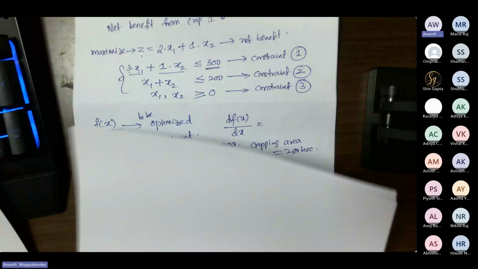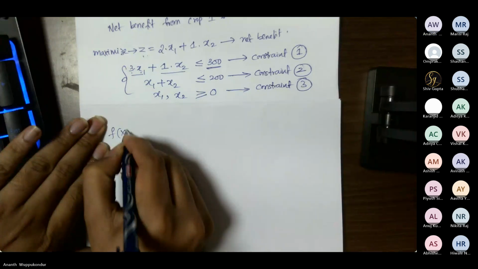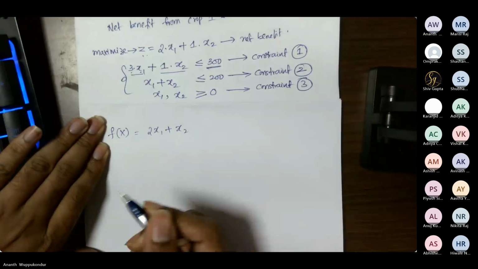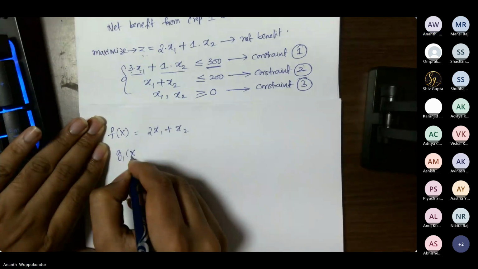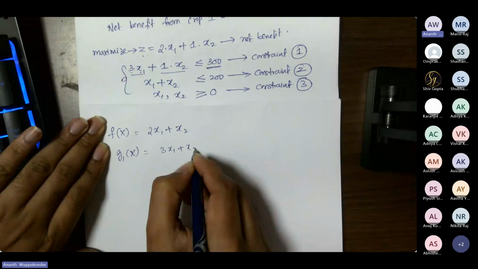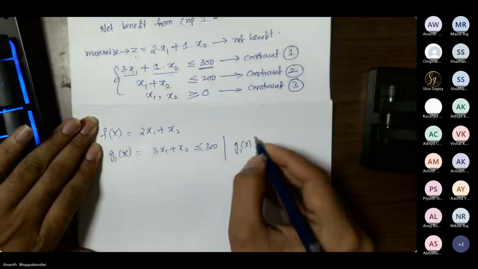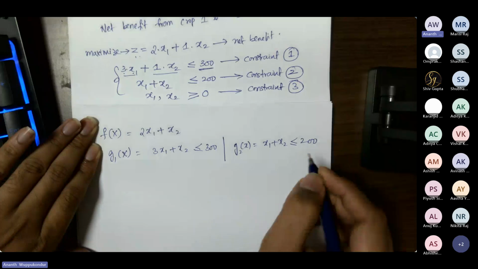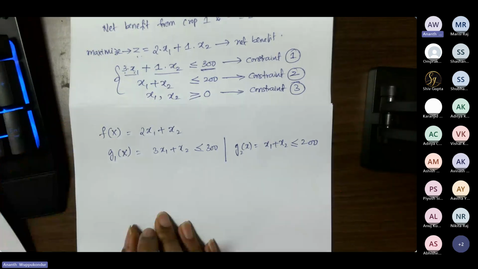So here our f of x is 2x1 plus x2, our g1 of x is 3x1 plus x2 less than or equal to 300, and the g2 of x is x1 plus x2 less than or equal to 200. So these are the constraints that we have.